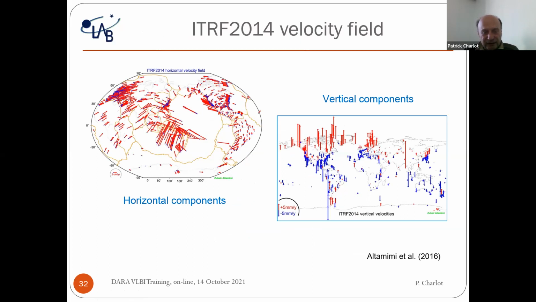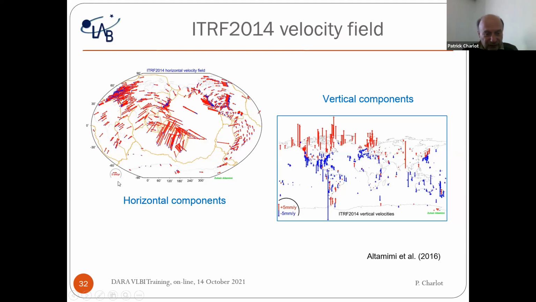Well, okay, these were the positions, but as I said, they are not only positions because the stations move. So you have also a velocity field, with horizontal velocities and vertical velocities. You see here the horizontal velocities are due to the tectonic motions, which you can see very well on this map.